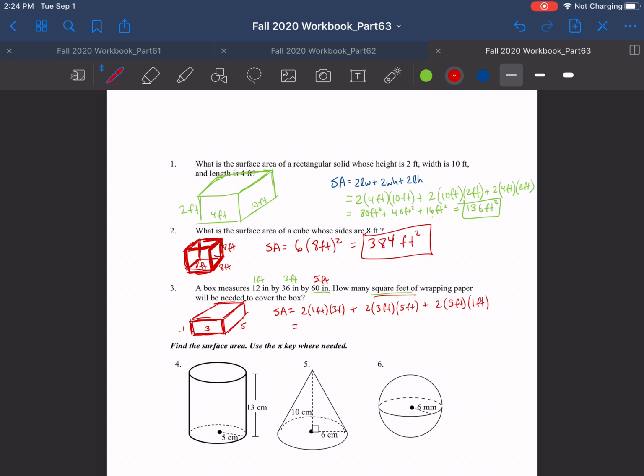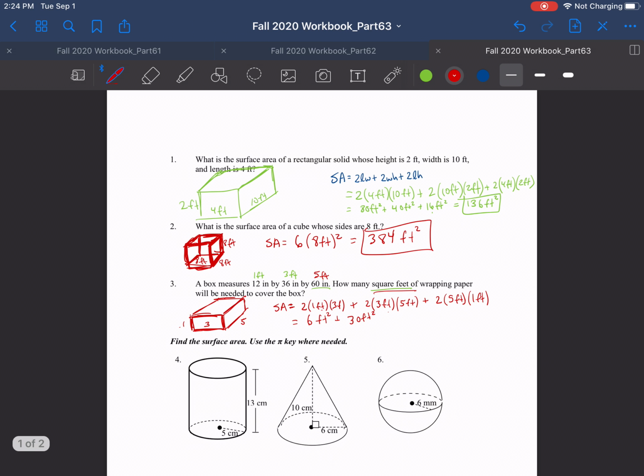This is 2 times 1 times 3. That's 6 feet squared, because it's a foot times a foot. Plus 2 times 3 is 6, 6 times 5 is 30, and again squared, because a foot times a foot. And then here we have 2 times 5 times 1, which is just 10, and again a foot times a foot gives us a foot squared.